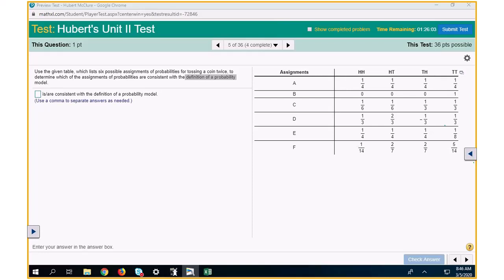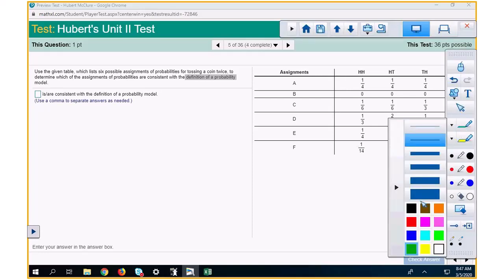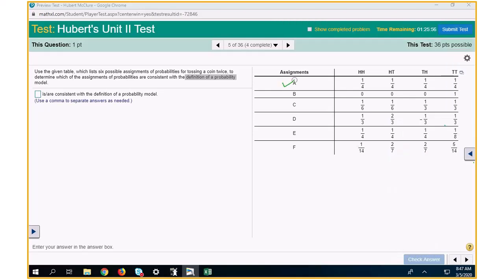So we put a check mark beside that because 1 is the magic number in probability. 0 plus 0 plus 0 plus 1. 1/6 plus 1/6. Well, we can't do this one because this is fractions and we don't know how to do fractions, right? Because we can't even read a tape measure when we graduate high school. 6, 6, 2, and 2.